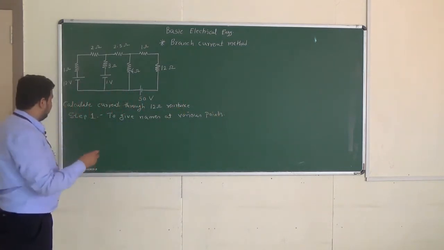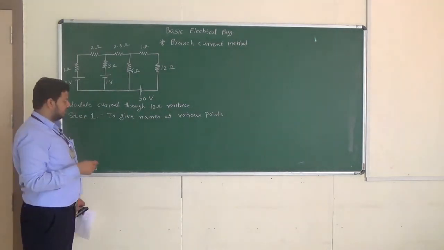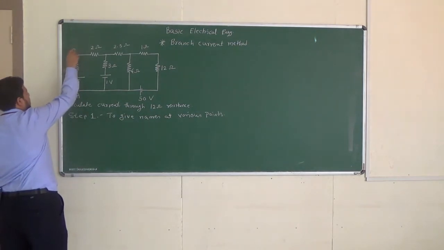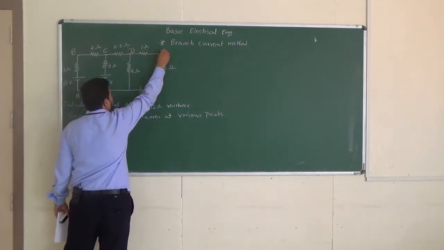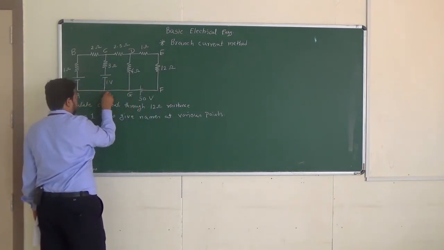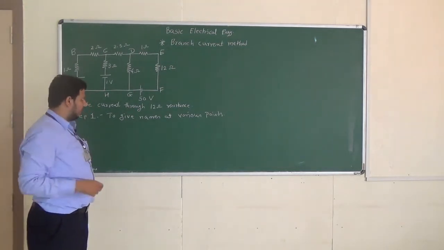We can use any symbols, A, B, C, D, P, Q, R, S. It is immaterial. So let us say this is A, this is B, C, D, E, F, G, and H. Giving the names is just for simplicity, just for understanding.